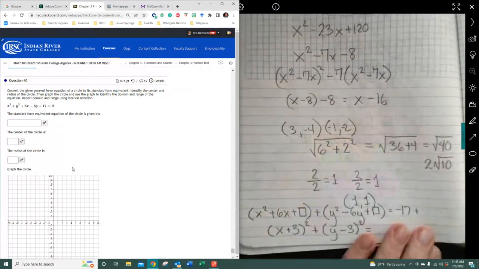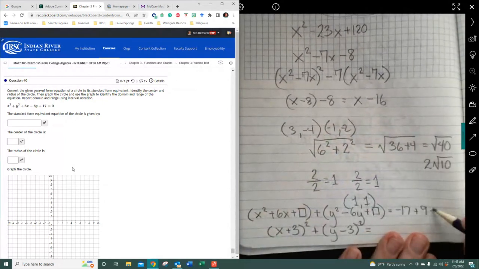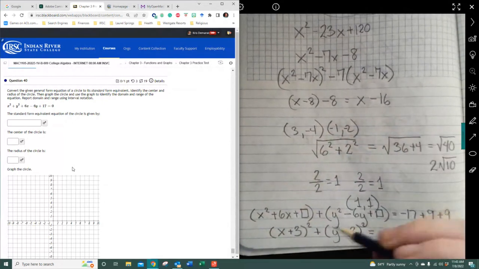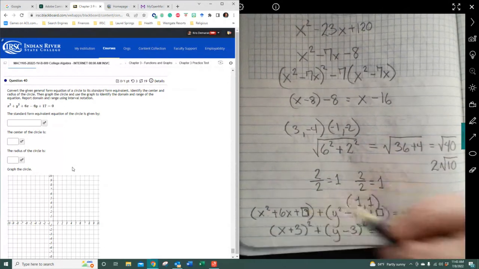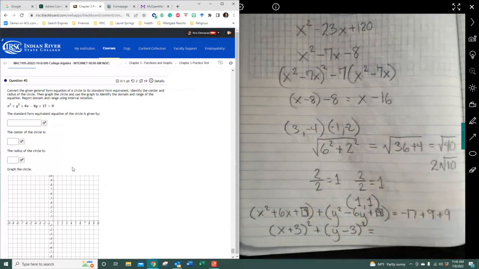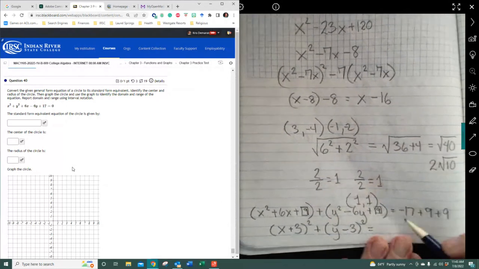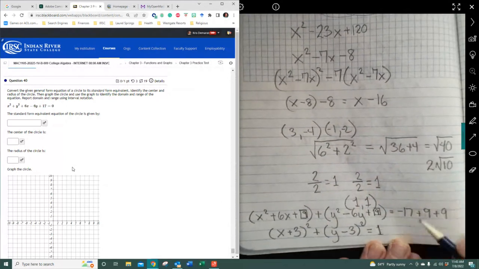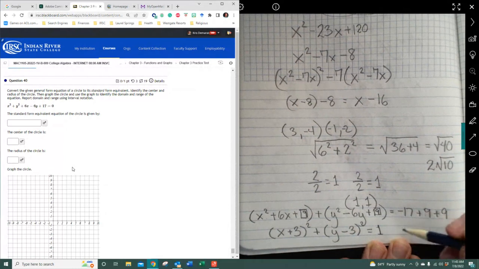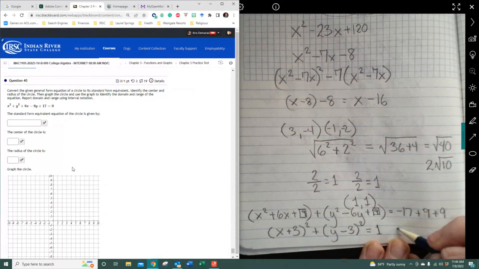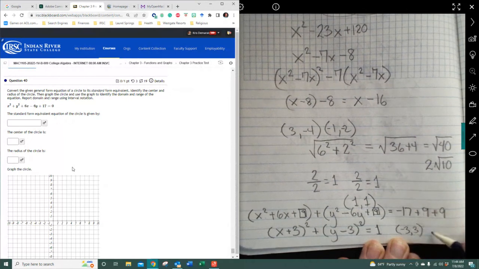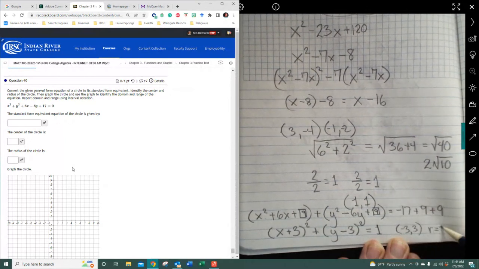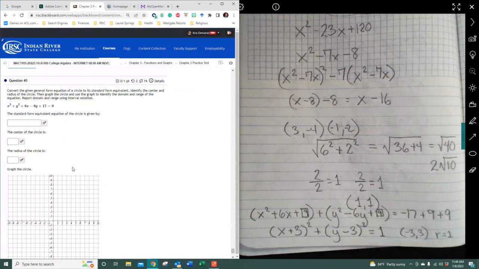As it's 3 squared, that's what we enter here, and 3 squared is entered here. So this becomes 18, and then this becomes 1, because negative 17 plus 18 is 1. That means our center is at (negative 3, 3). Our radius is 1, because the square root of 1 is 1.